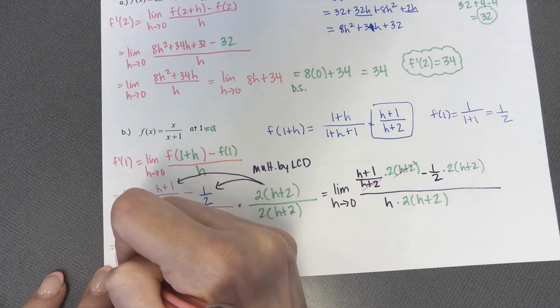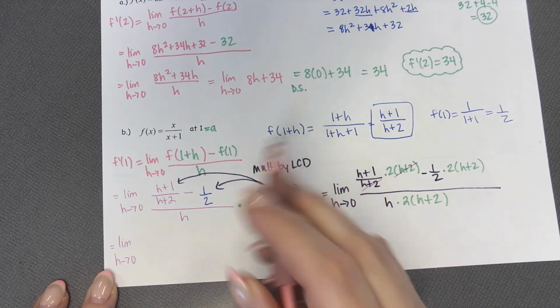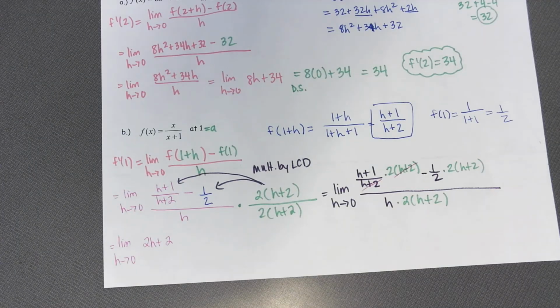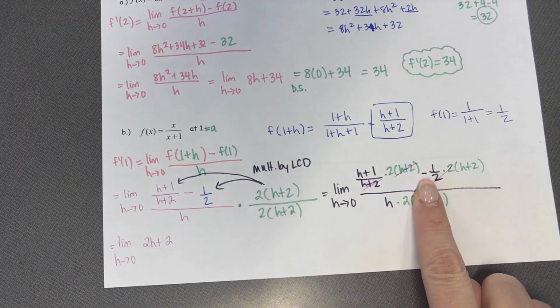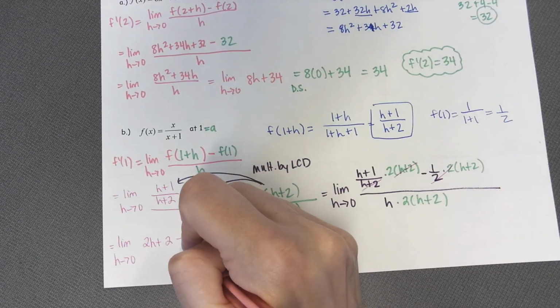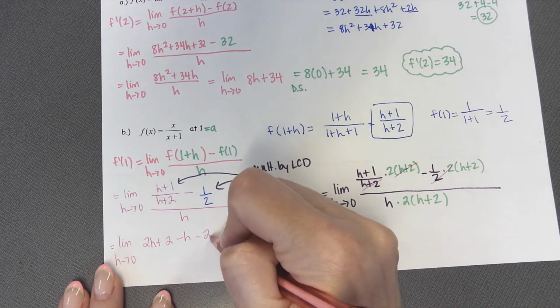So I have the limit as h goes to 0 of, so 2h plus 2. And notice how that's going to get rid of that complex fraction. Here I can cancel out the 2's, just don't forget to distribute the negative. So negative times h, and then negative times 2.